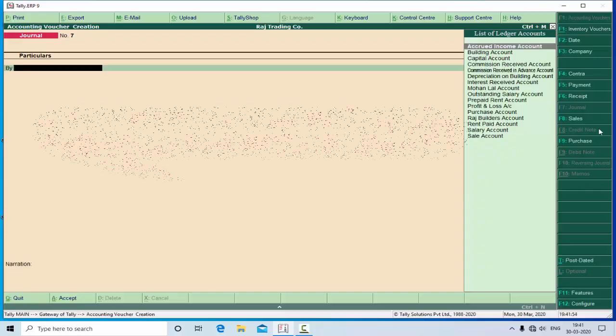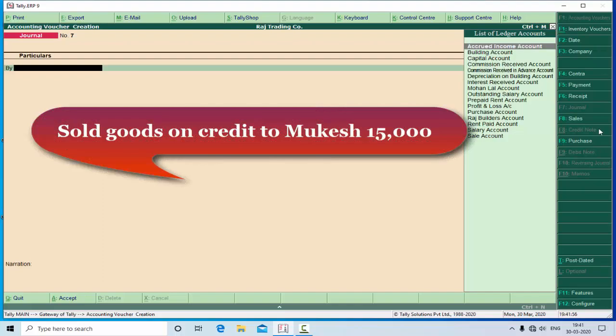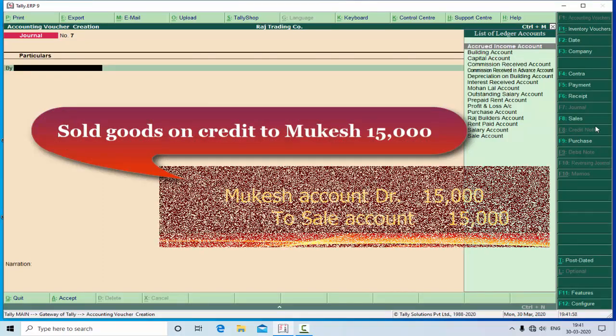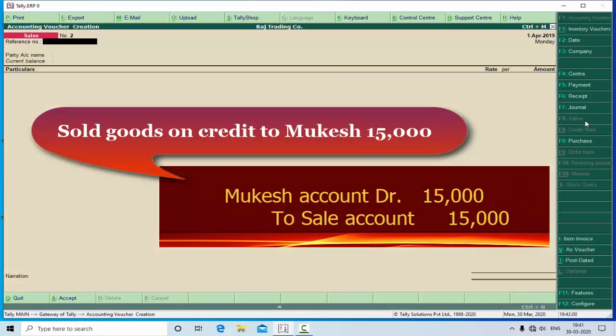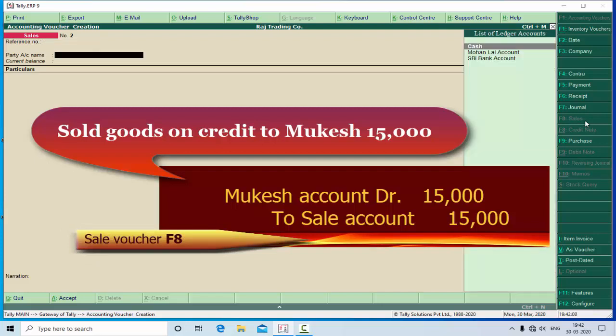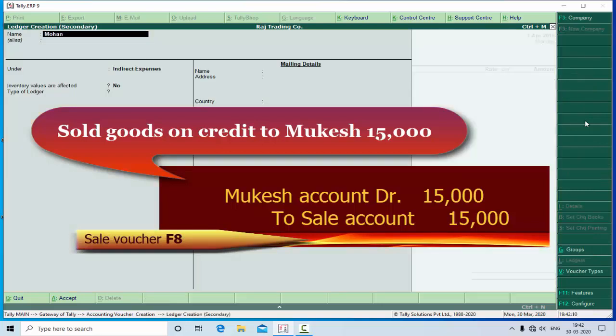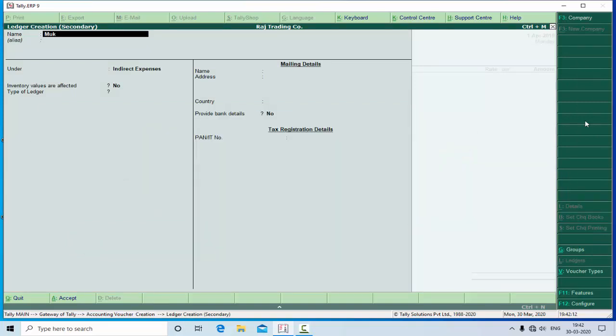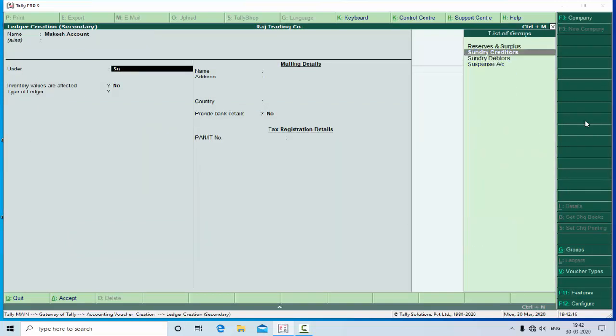Next entry is sold goods on credit to Mukesh. When goods are sold on credit, that entry is recorded in the sale voucher, shortcut key F8. The entry will be Mukesh account debit to sale account. Enter the party name, Mukesh, which is not created. Create the Mukesh account, and any person to whom goods are sold is covered under sundry debtor.